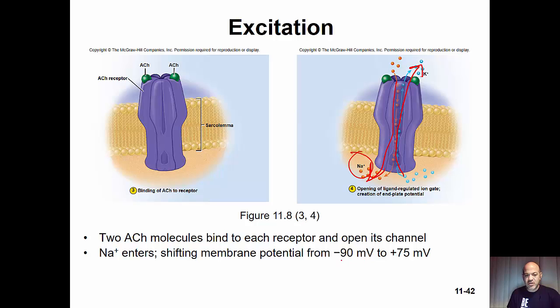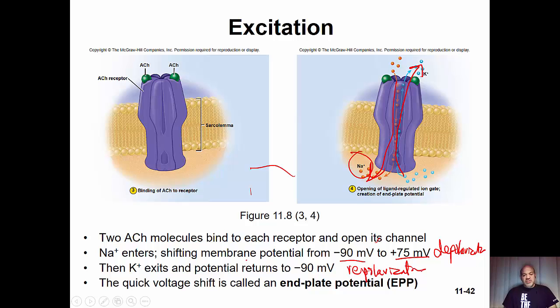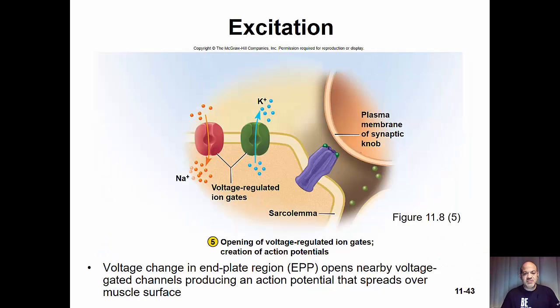So when the sodium enters, it is going to change from negative 90 millivolts to plus 75. And then when the K exits, we're going to go back to negative 90. So when we come back over here, this is going to be our depolarization, and then this would be our repolarization. This quick shift here is going to be called the end plate potential there within the synaptic cleft.